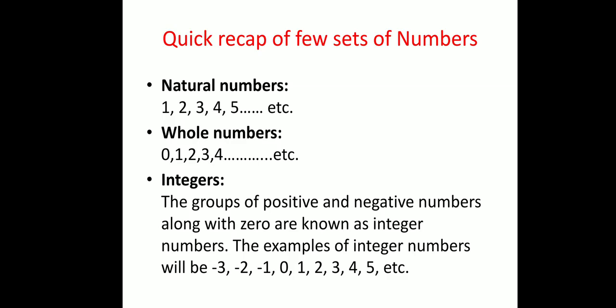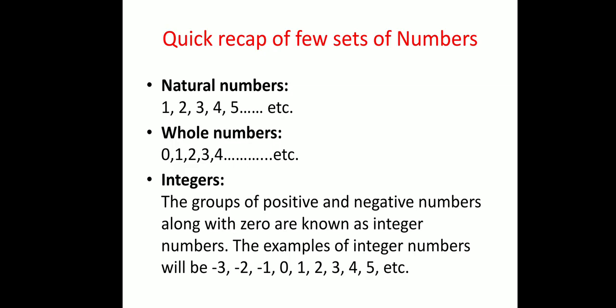Now next come the whole numbers. If I include 0 in the set of natural numbers, then this set of numbers will be known as whole numbers. The next set of numbers you should be aware of is the set of integers. These integers play a crucial role in this chapter, rational numbers, because rational numbers mostly rely on integers. What are integers?